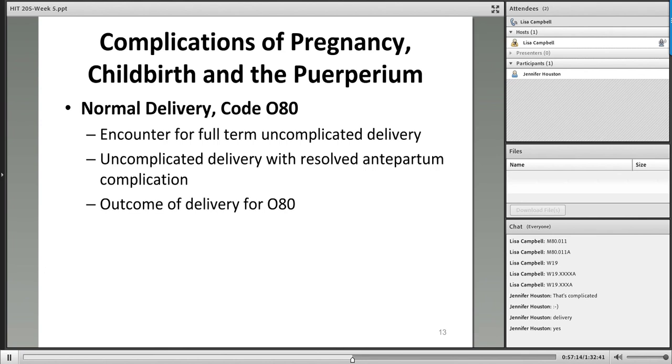It has to be single, and any antepartum conditions that they've had, they've been resolved. They don't have any complications during delivery. It has to be literally one baby, full term, push that baby out. And then, of course, we're going to list the outcome of delivery.